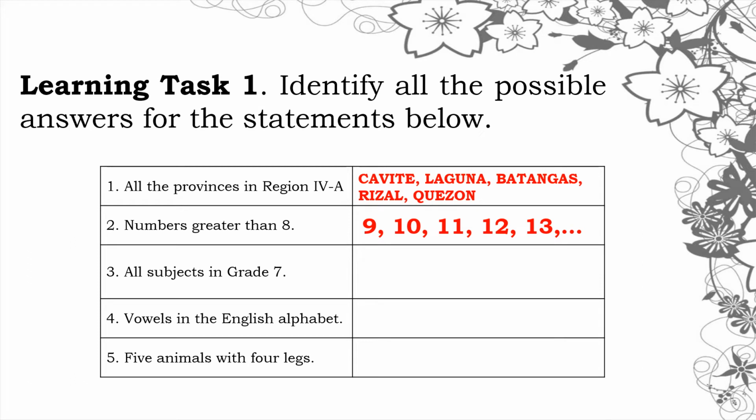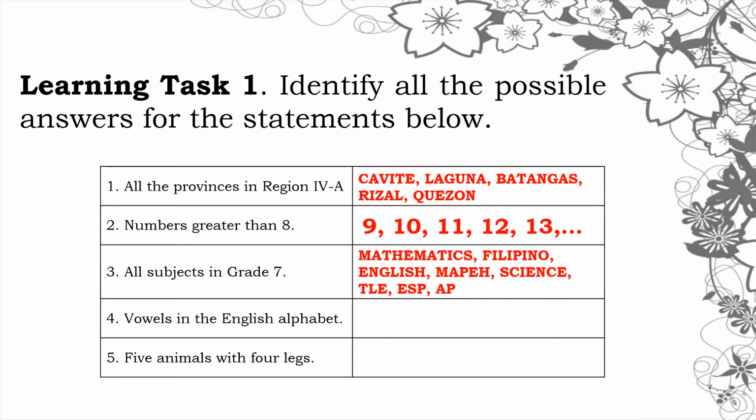Next, number 3, all subjects in grade 7. Of course, all your subjects this school year: mathematics, Filipino, English, MAPEH, Science, TLE, ESP, and AP. Those are all your subjects.